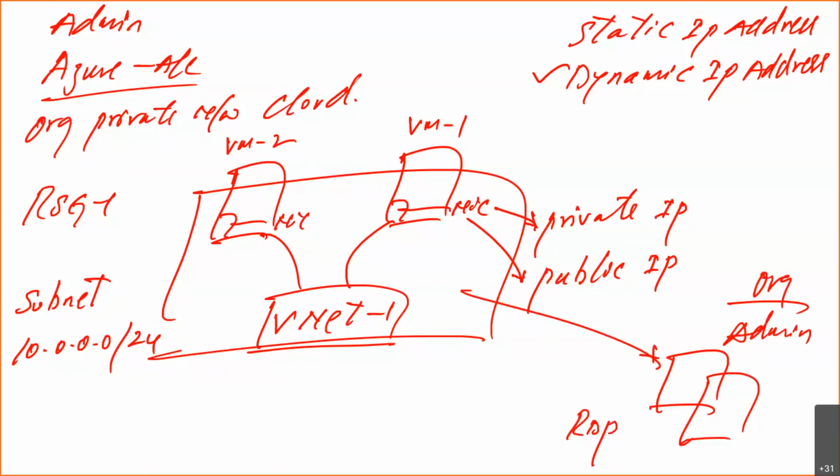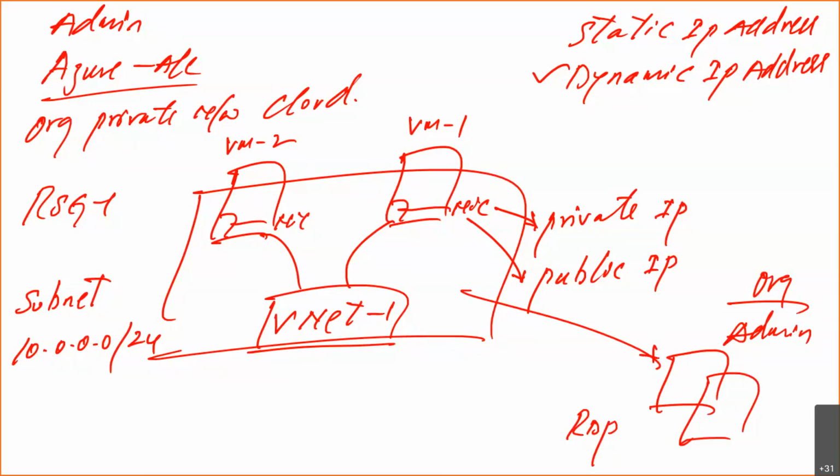But at the same time, it's asking whether you need public IP or not. If you say yes, public IPs are chargeable. VNet is assigning the private IP, and Microsoft is assigning the public IP. Both IPs are dynamic, guys. But in future, if you want, you can make these IPs static also.